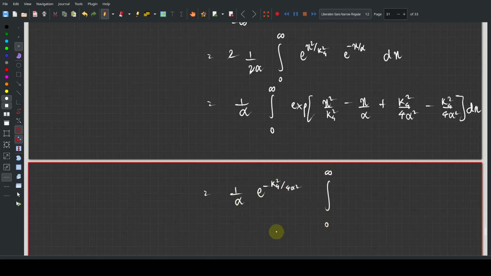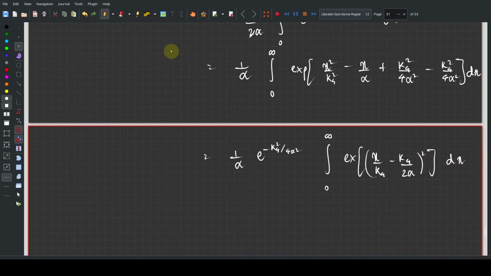Now this is some constant, it's bounded. Integral 0 to infinity e raised to x by k4 minus k4 divided by 2 alpha, the whole square dx, right? What can I say about the integral?